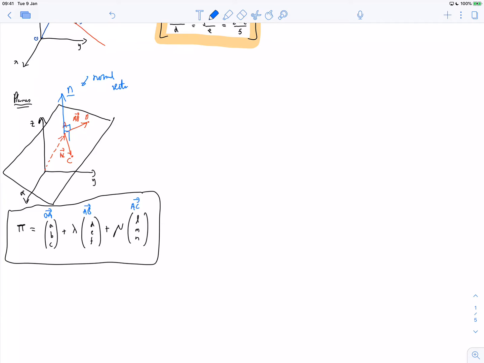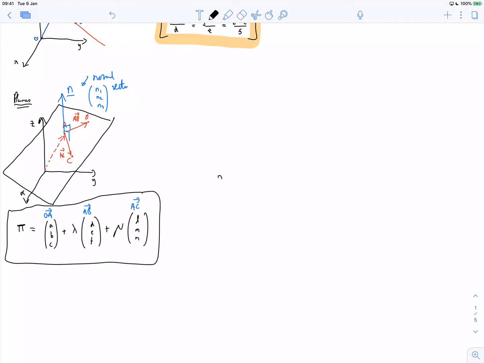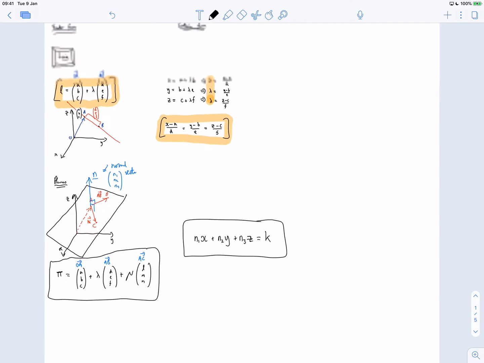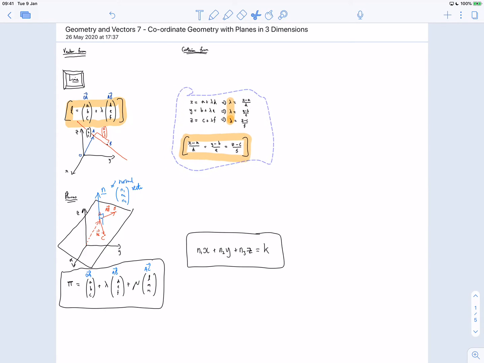Then, say this normal vector n has components n1, n2, n3, the Cartesian equation of the plane is very simple. It's n1 times x plus n2 lots of y plus n3 lots of z equals some constant. And that is the Cartesian form of a plane.